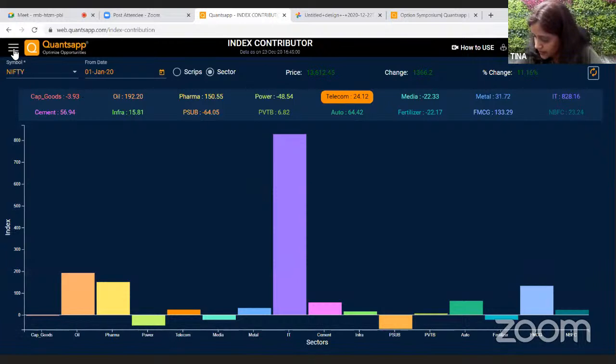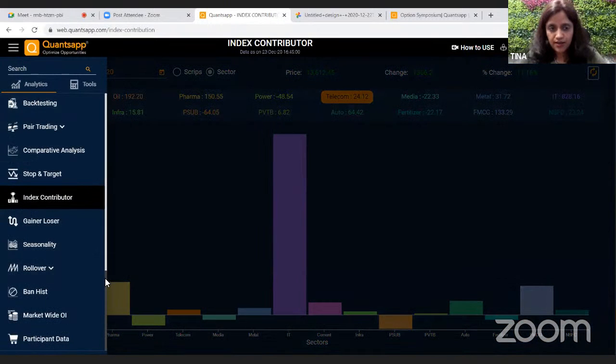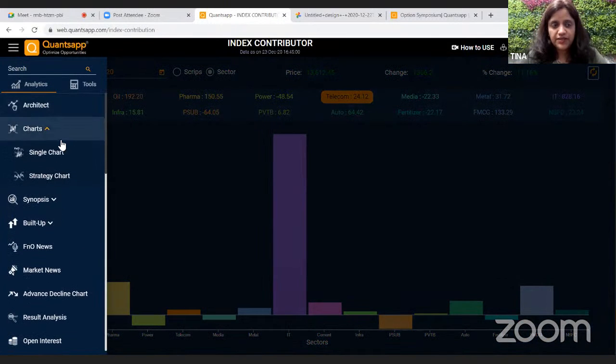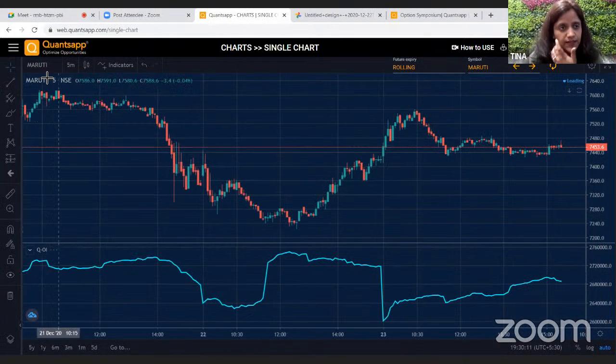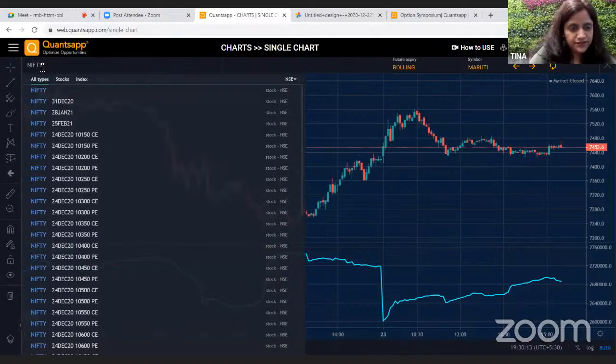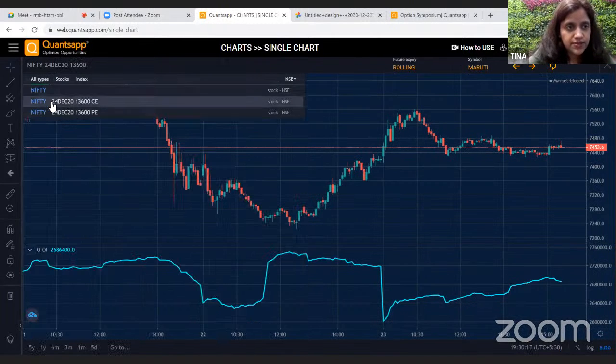Do you have an OI versus price chart? So you have the OI and price chart, definitely. We saw that in the chart, and you can change the strike and see it. Basically, if I go to the single chart, I look at, say, Nifty 24 December, 13,600.